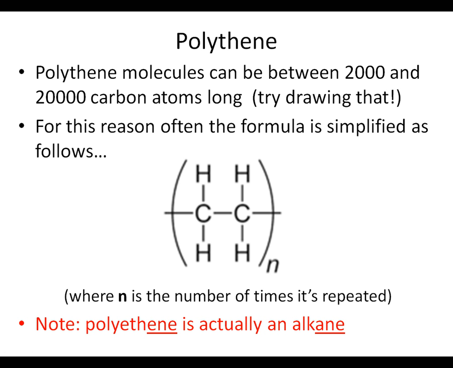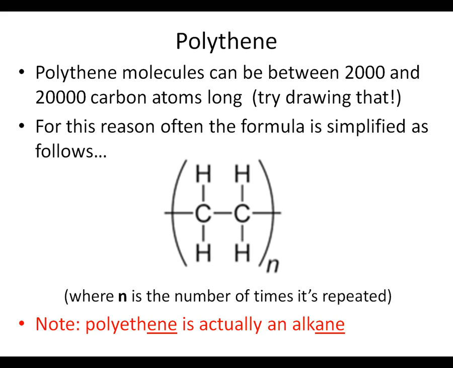So just before we leave that, it's worth remembering a lot of the plastics that we have around us are actually just very long chain polymers of alkenes. So they're basically just long chain alkanes. And if you think about our fuels, what makes them different from fuels like gasoline and petrol and methane gas is basically they've just got really, really long chain molecules.